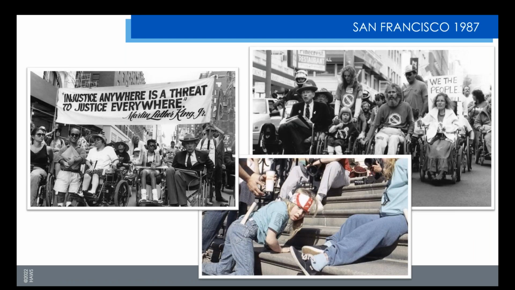Now, for the other bit of history as far as the ADA goes. First and foremost, before we get into the meat of it, it's important to remember that this is civil rights legislation. And not just that, but the ADA was the first major legislation to treat disability rights as a civil rights issue.